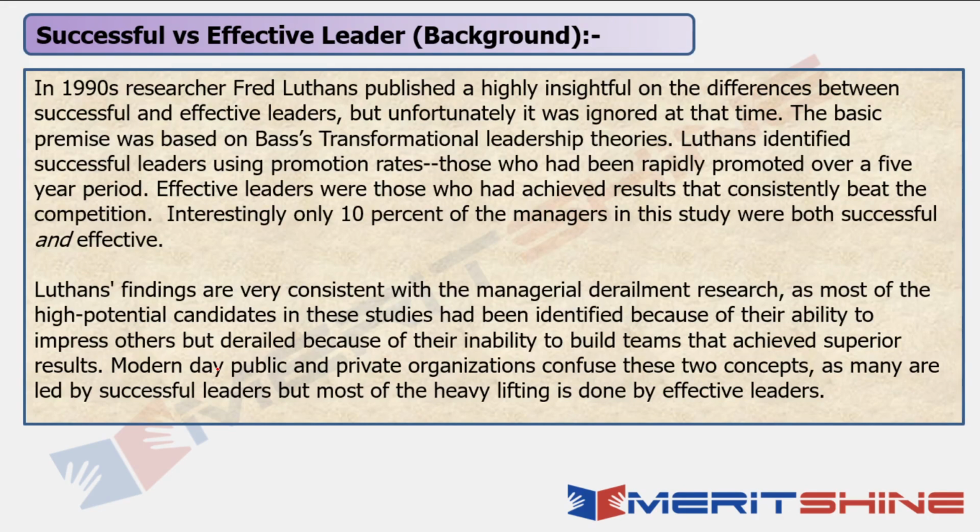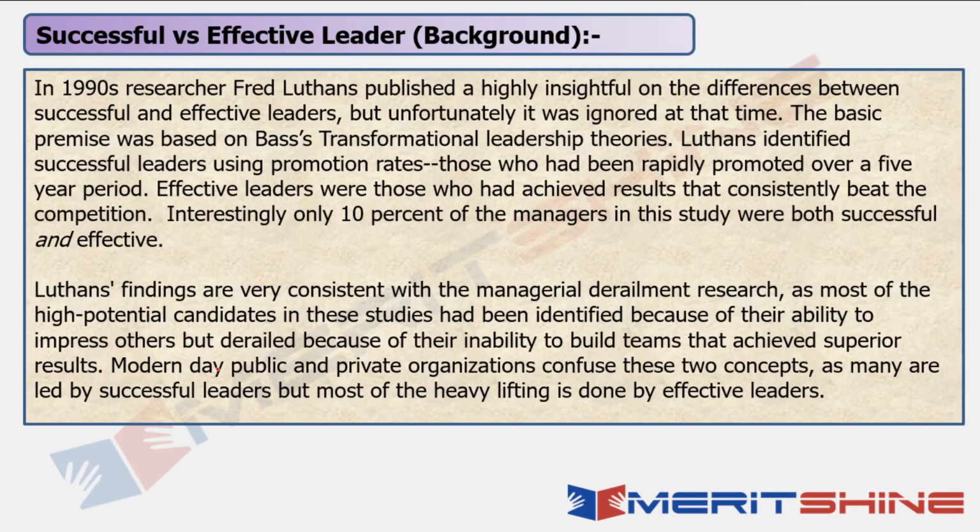Now, what is management derailment research? Management derailment research says that there are very high potential candidates, very high flying candidates who can do very well, they can impress others, but because they cannot build their teams, they cannot motivate their teams, they cannot achieve superior results consistently over a long period of time.